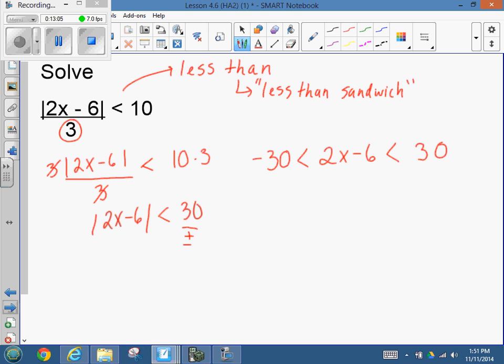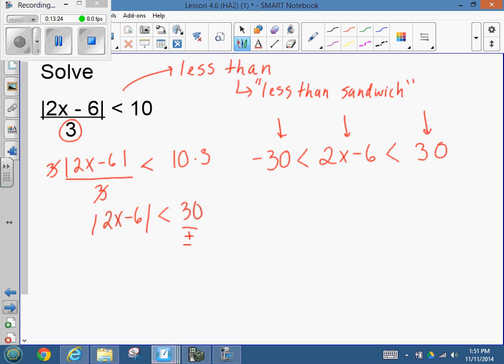This is called a compound inequality, and your goal is to solve for x in the middle. You'll be doing operations to both this part, and this part.